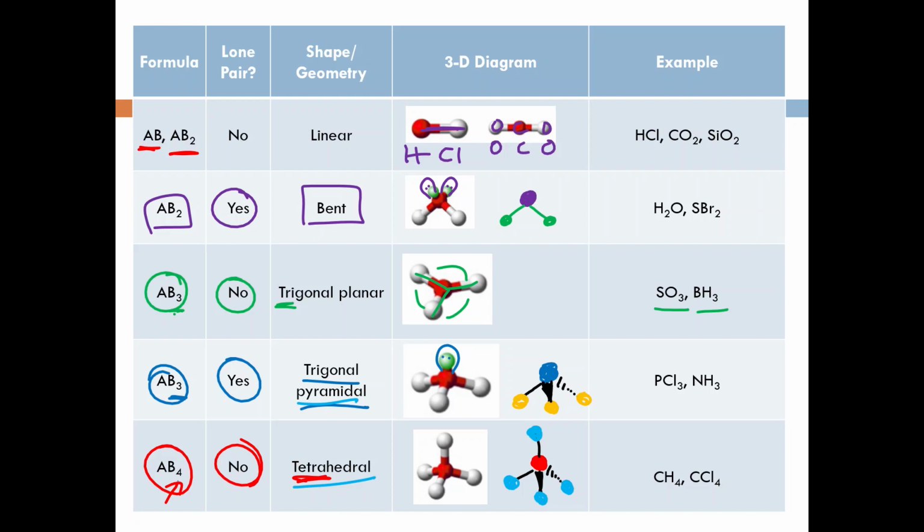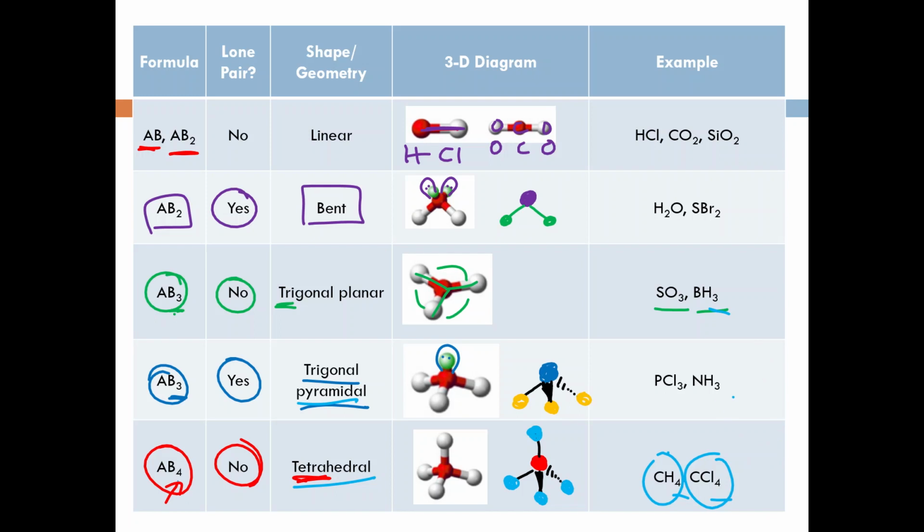I also have some examples here, CH4, you'll notice there's 4s in the molecular formula there. Also, when you're looking at the planar versus the pyramidal, they all have 3s, but the difference is the planar doesn't have a lone pair, whereas the pyramidal does have a lone pair, okay? And that's also kind of the difference between the bent and the linear.